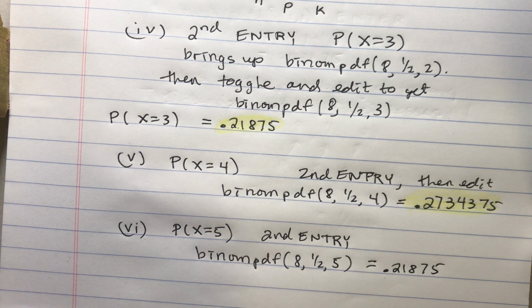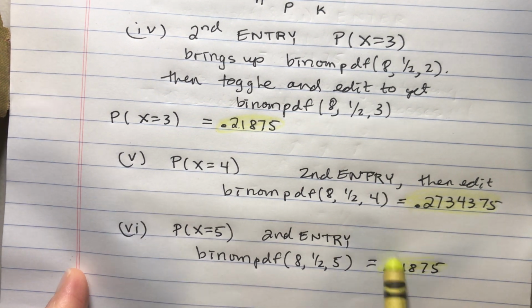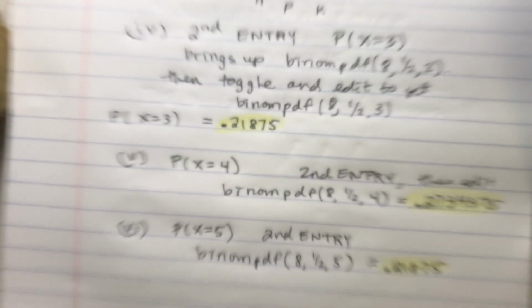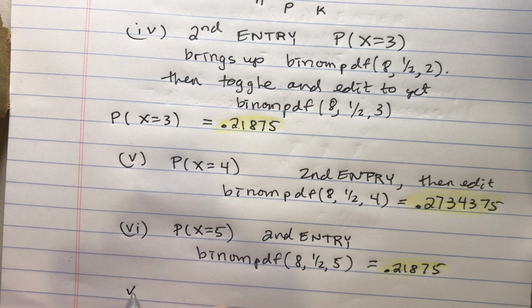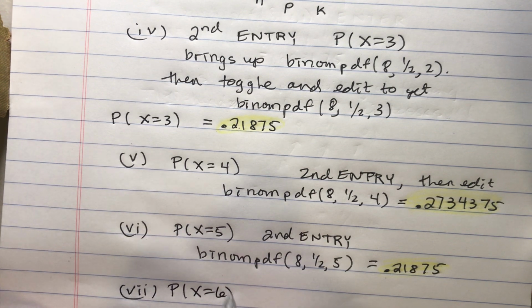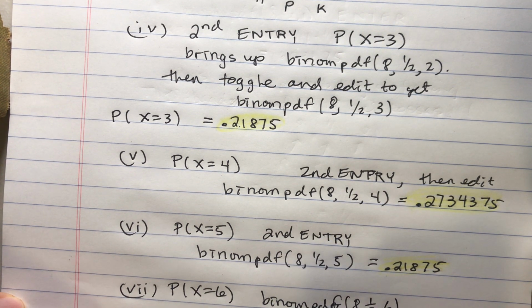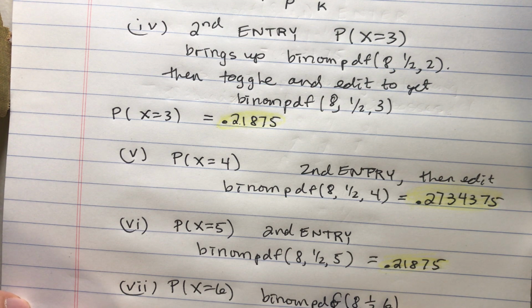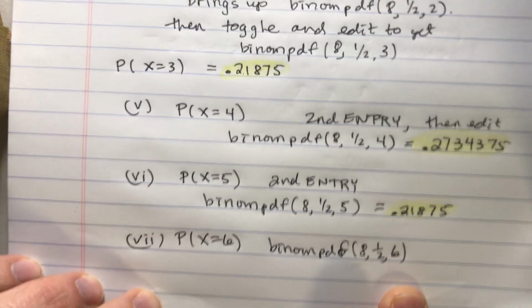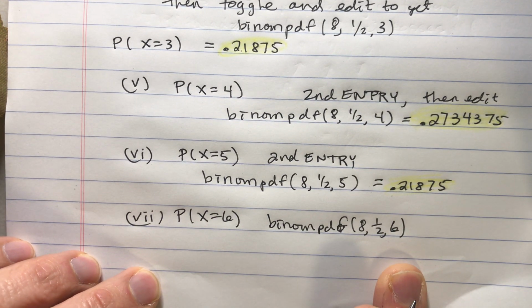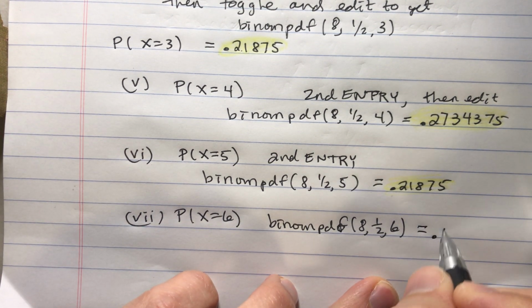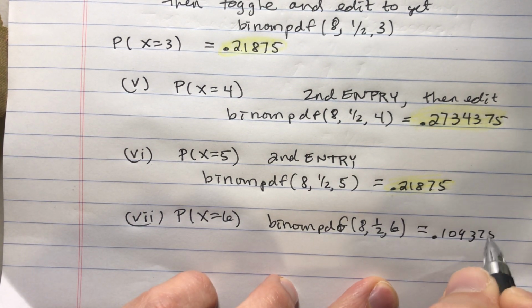I use the calculator. And so you could continue doing this, and probability x equals 6. 6 heads is going to be binomial PDF 8 1/2 6, and that's actually the same as the probability of getting 2 heads, and so that will be 0.109375.